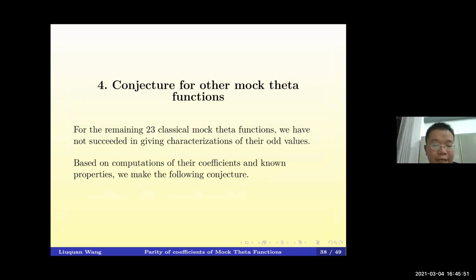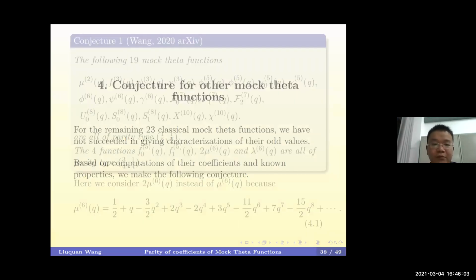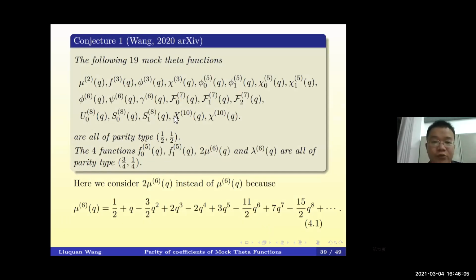So what I can do is use the computer to search their coefficients, and we make the following conjecture. Among the remaining 23 functions, 19 of them are of parity type 1/2, 1/2. That is, we conjecture that their coefficients take even values half of the time.